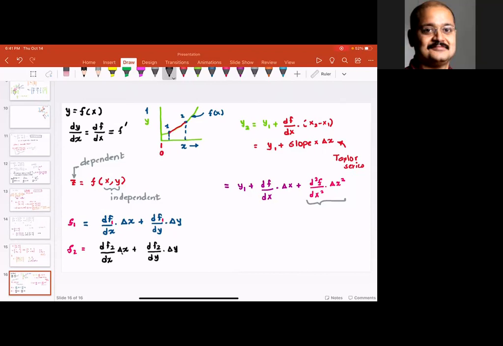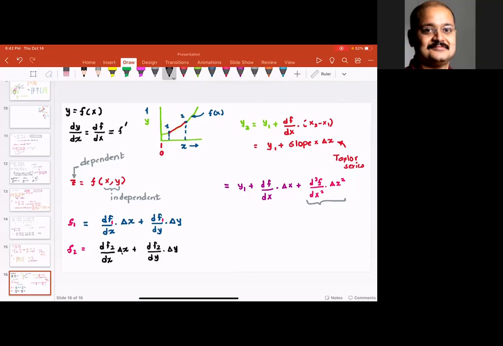This is super important, so pay attention, because from here I'm going to show you the Jacobian, and from Jacobian we'll derive the Hessian, and with Hessian we can solve the problem that we are going to solve. But try to understand what is happening here: the function is represented as the slope multiplied by the change in the independent variable. Now, when the function is depending on two or more independent variables, you need to take the derivative with respect to each independent variable and multiply by the change in that independent variable. Everyone understood this? That's why the function is f1.